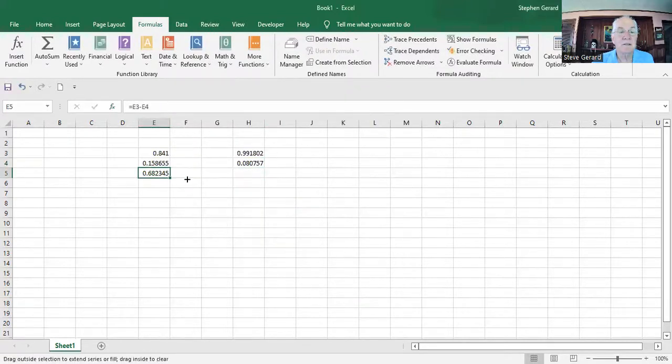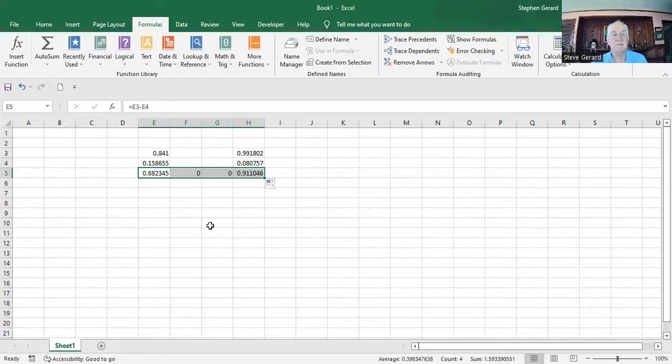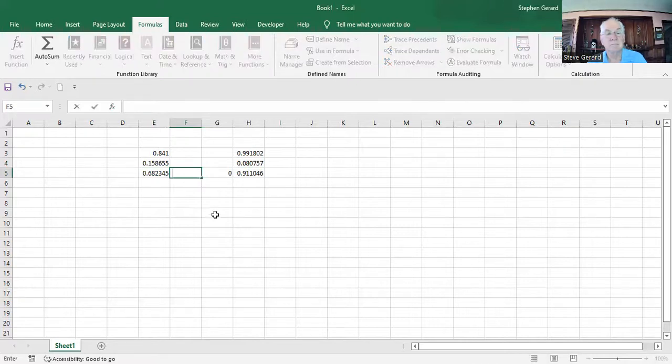I'll take this and just bring it across. What I just did there, by grabbing the lower right-hand corner and pulling across, is copy everything above it. So what I'm saying is the probability of getting the larger number was 99.1%.